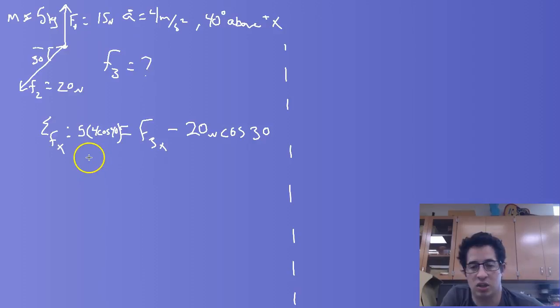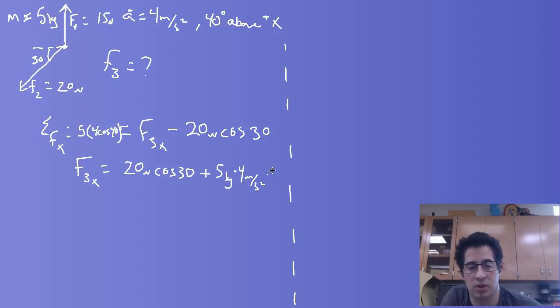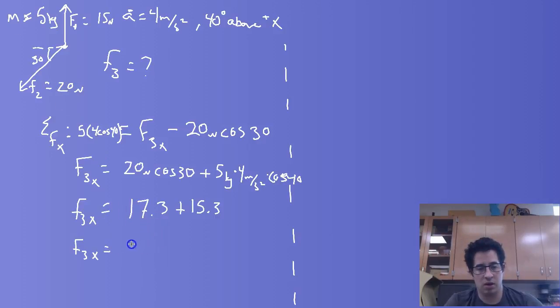Then we can solve this for F3, the x component, because it's going to be equal to 20 newtons times cosine of 30 plus 5 kilograms times 4 meters per second squared times cosine of 40. We simplify all this and we get about 32.6 newtons as that x component.